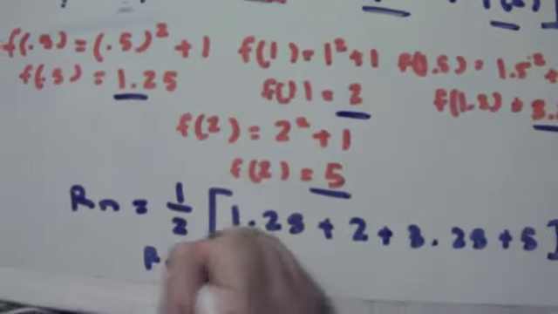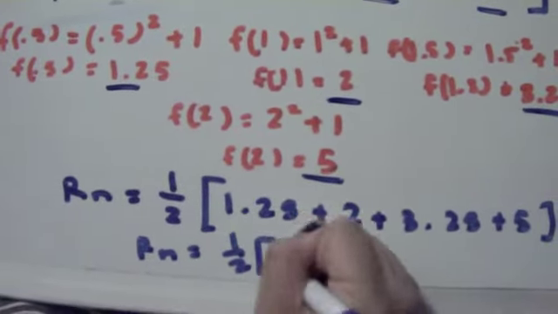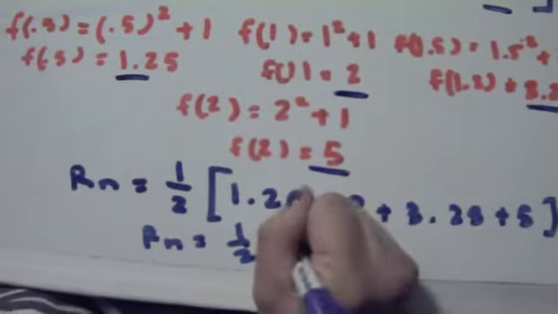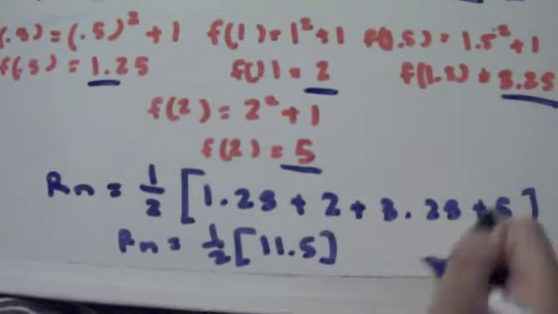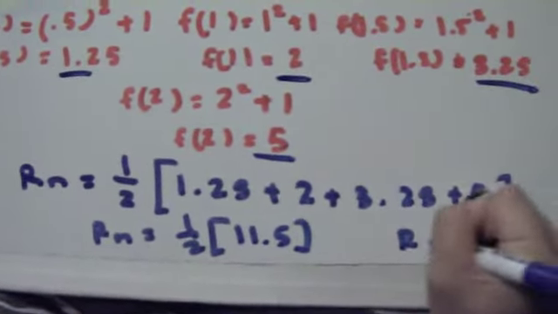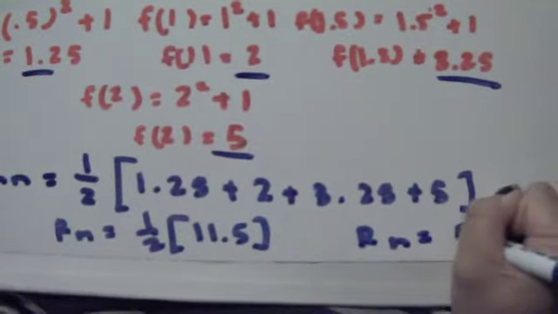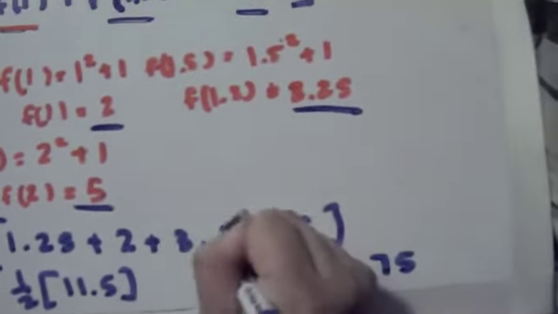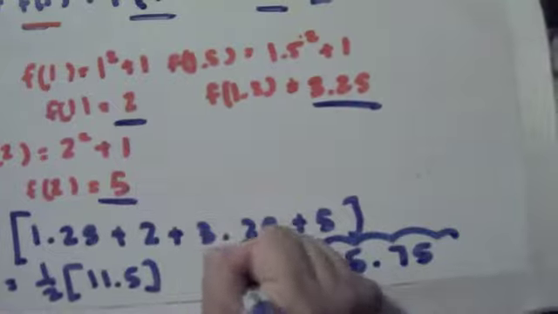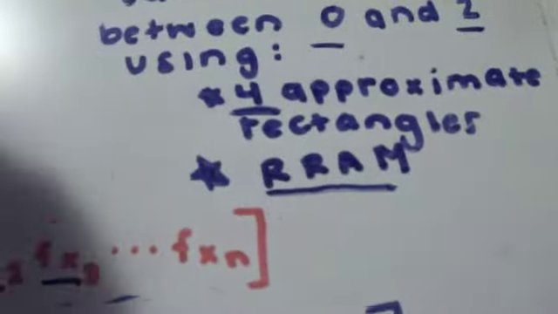That simplified is equal to 1/2 times 11.5, and that simplified further is equal to 5.75. And that right there is your answer to the RRAM of the area under the curve of this function. And again, it's going to be an over approximation of the actual area.